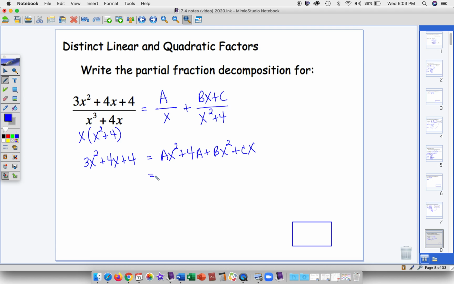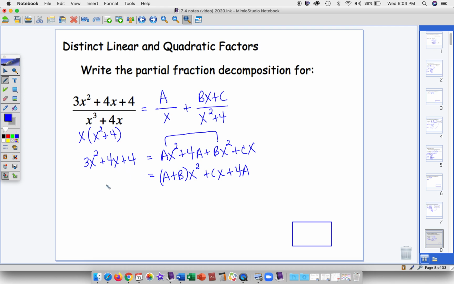Now what I'm going to do is group the like terms together. So I have ax squared and bx squared. If I factor out the x squared, my coefficient would be a plus b. And I'm going to rearrange these to put them in order. My middle term is the cx, and my constant is the 4a.